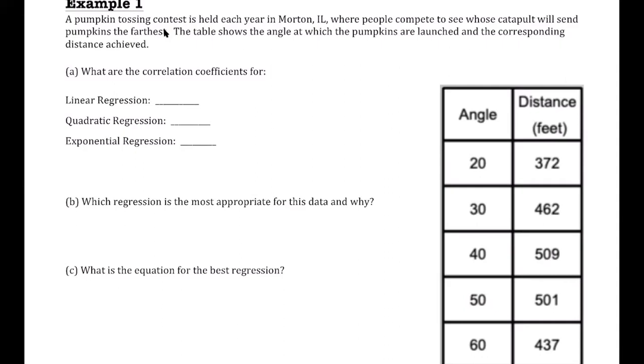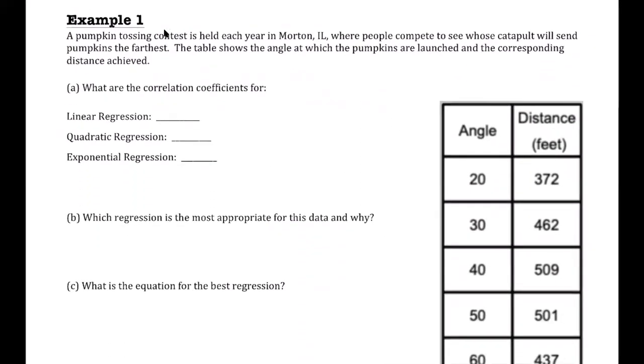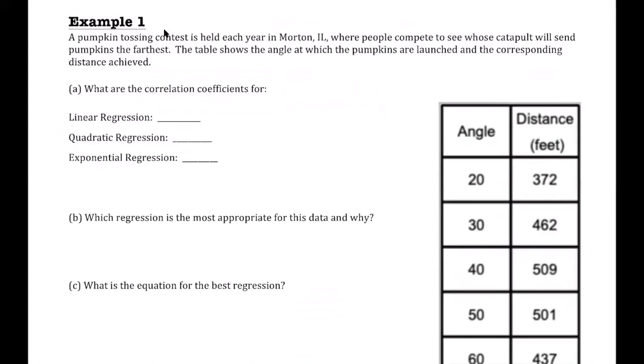The table shows the angle at which the pumpkins are launched and the corresponding distance achieved. The first thing that we are going to be looking at today is the correlation coefficients for each of these three types of regressions. We did our linear regression yesterday. Today, though, we're also going to be looking at some quadratic regressions and also potentially some exponential regressions.